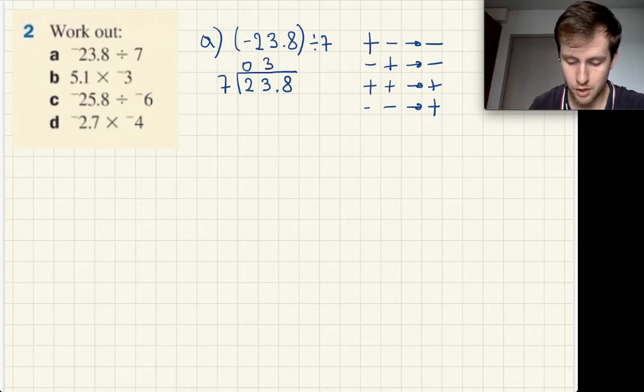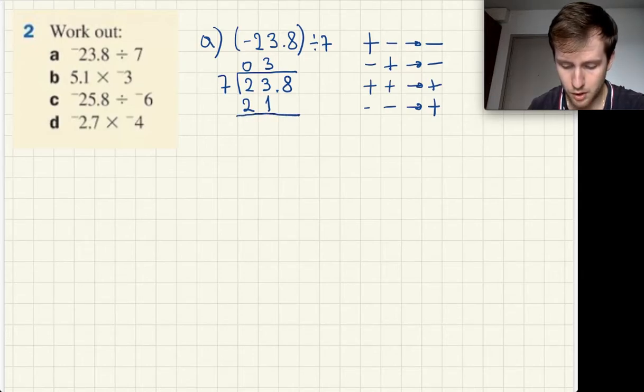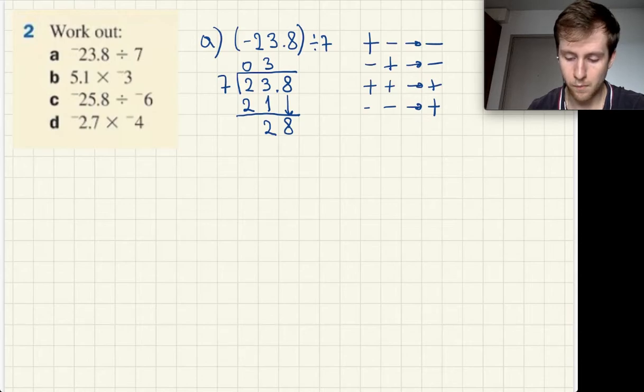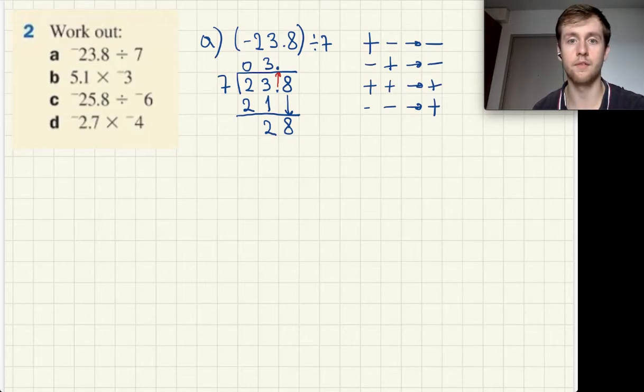So we write 3, because 7 times 3 is 21, right? So 23 minus 21, we can write 2 here. 7 is definitely not going to fit into 2, so now we have to take this 8 here. So we take this 8, but you see, because there is a point here, this point also has to transfer to the answer, like this.